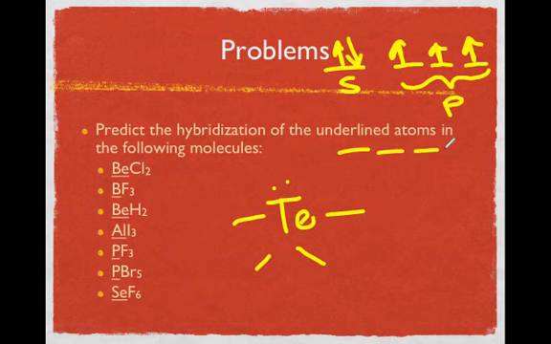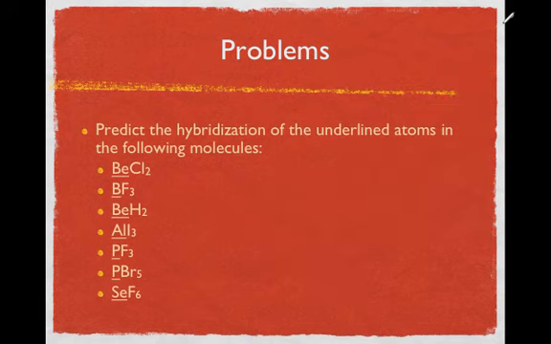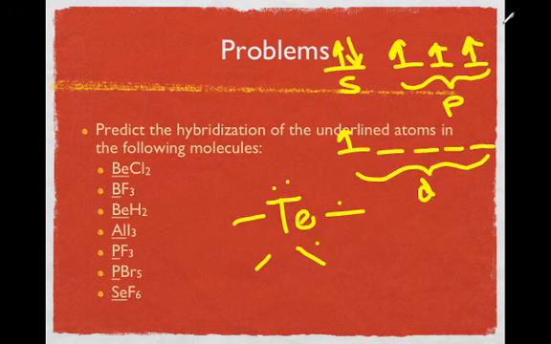I don't know if that would ever happen. We have 4 bonds and a lone pair, so we need 1 paired here for a lone pair, and then we have 4 bonds made. And this would be SP3D, right?